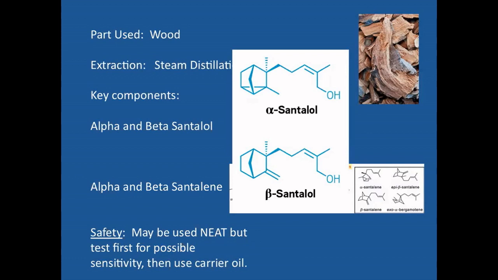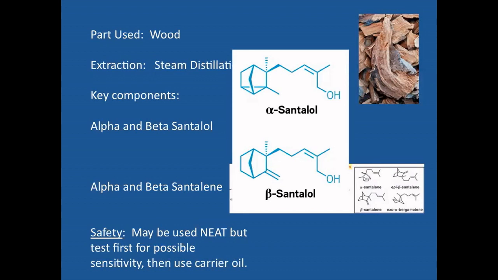But there's also alpha and beta santalene, and there's actually several different forms of that. You can see the alpha and beta in the small picture there on the right. They have kind of an interesting three-dimensional ring form, but also epi and exo alpha and beta forms in addition to that. So if you're trying to synthesize these compounds, you can end up with many different molecular forms of them.